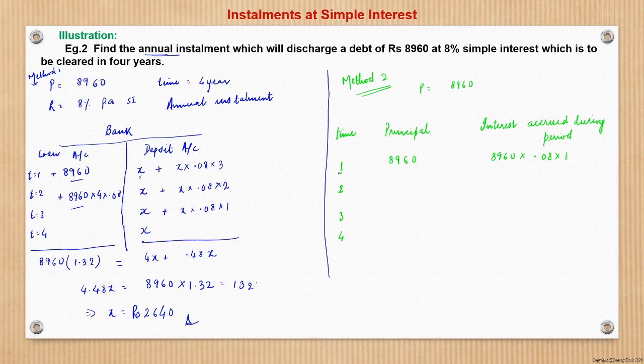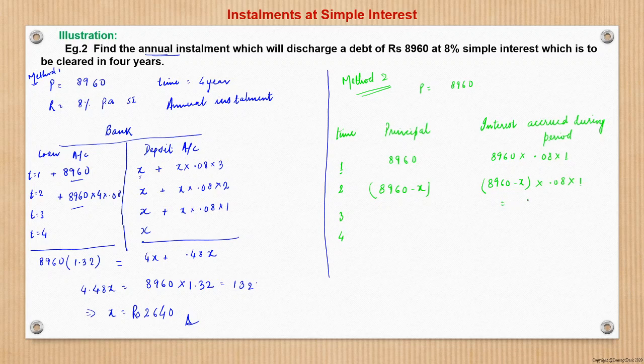Now at the end of first year, x amount is being deposited as installment. So outstanding principal will be 8960 minus x, and the interest on this principal during second year will be 0.08 into 1.